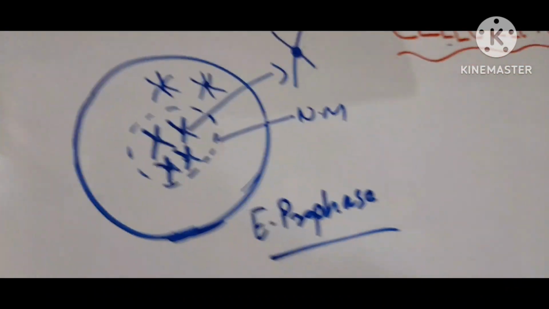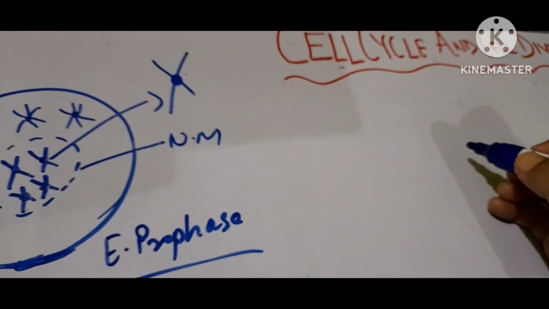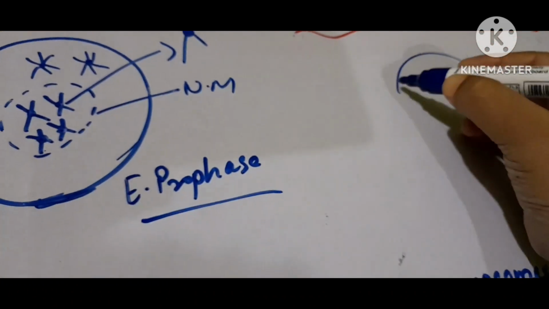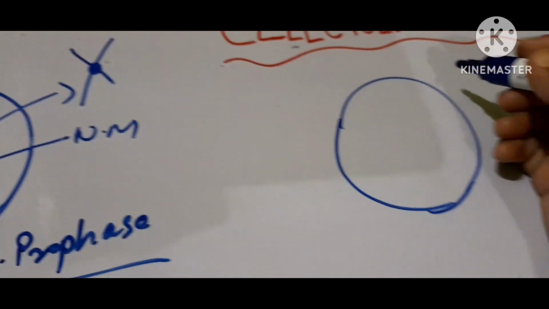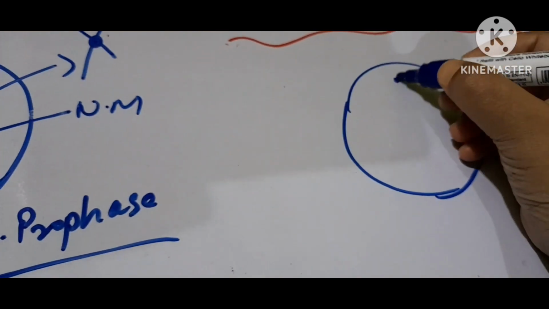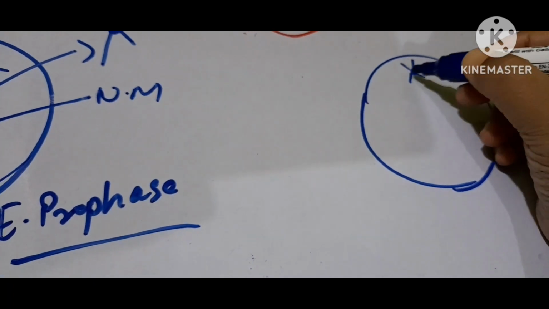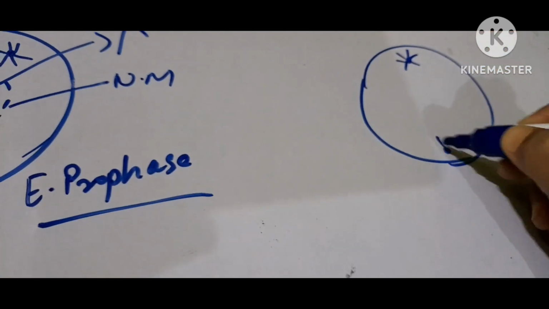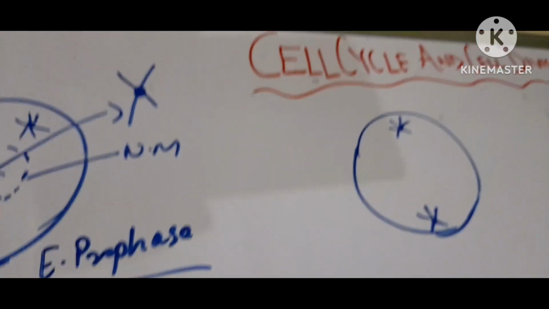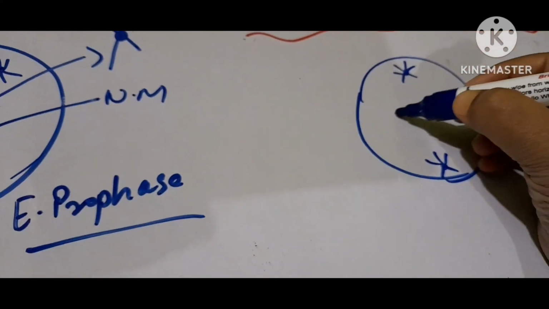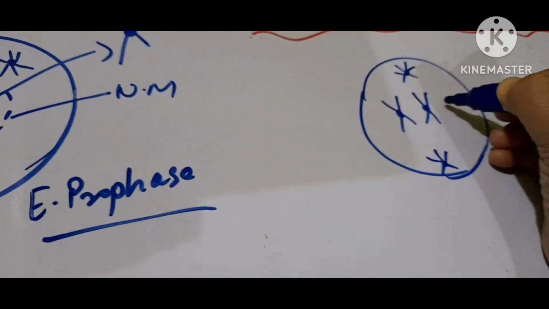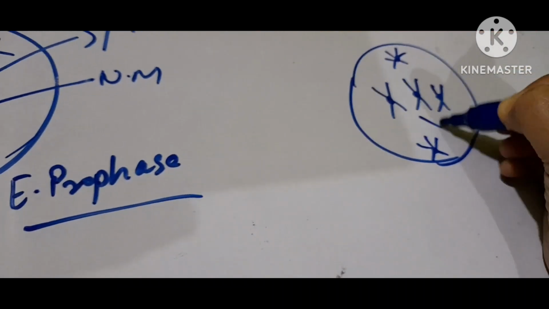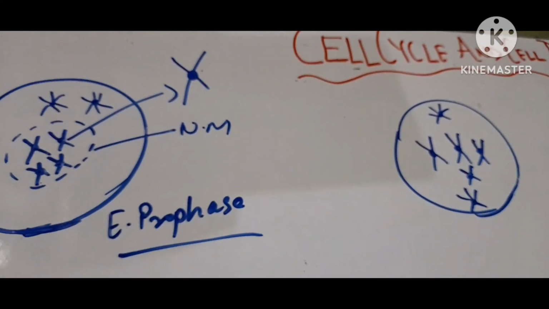During the late prophase, what will happen? The nuclear membrane will disintegrate and the spindle fiber will move towards the opposite poles, carrying the centriole, and the chromosomes will be arranged in this manner.